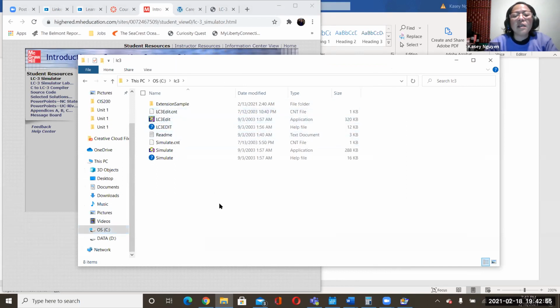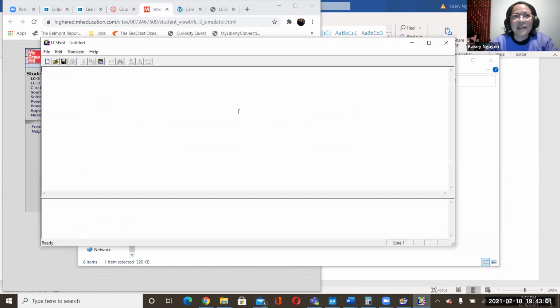When you write your program, you use an editor, just like how we would write it in a text editor for our C++, Java program, etc. And after you finish writing your program, you save it as a .asm. All assembly programs are saved as .asm. Now, sometimes they would package it a specific way depending on the type of assembly language.